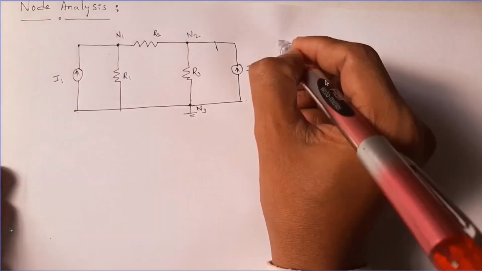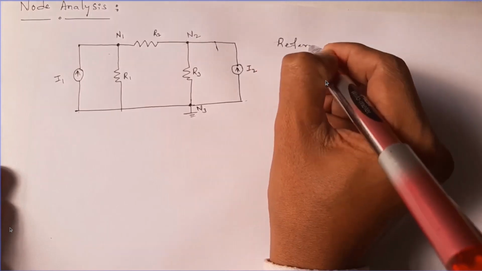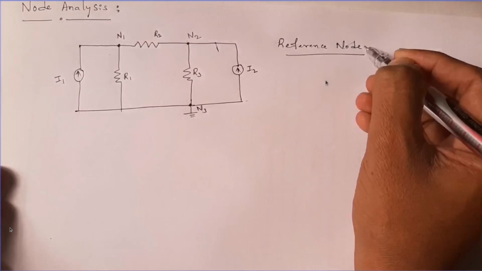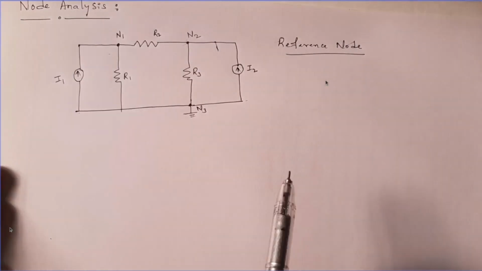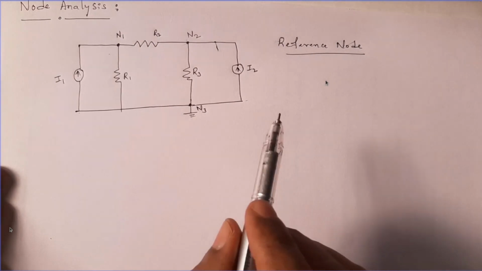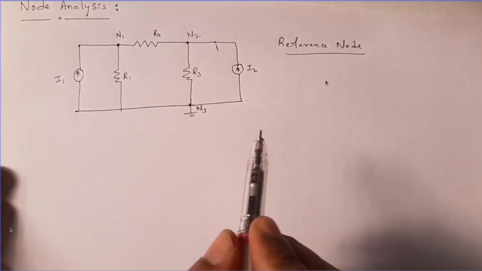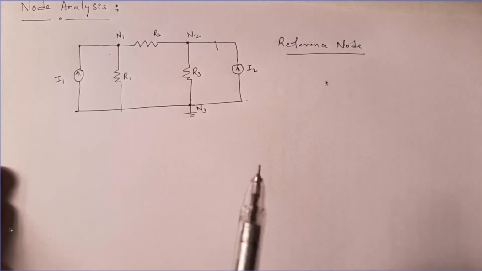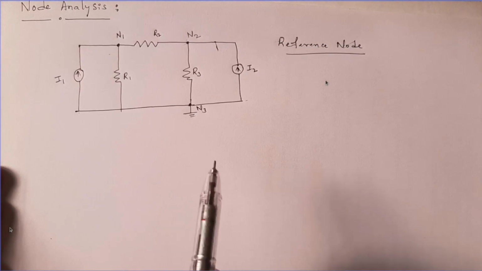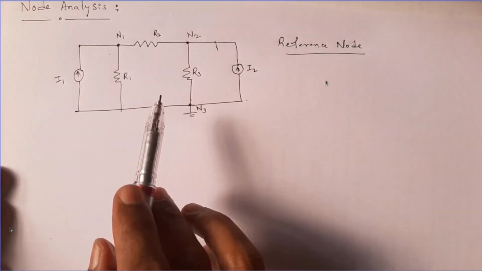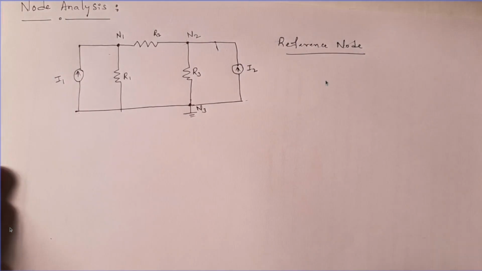Here I am telling a reference node. What is a reference node? A reference node is like any other node, but dear students, normally we select a reference node such that more elements are connected to that node. If we select such a node where more elements are connected, then analyzing a network using node analysis will be much easier.